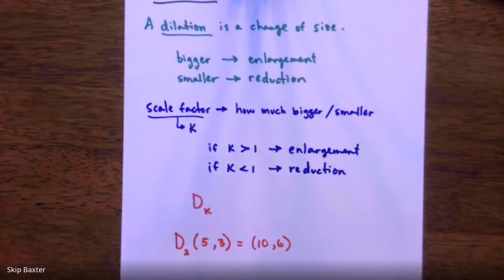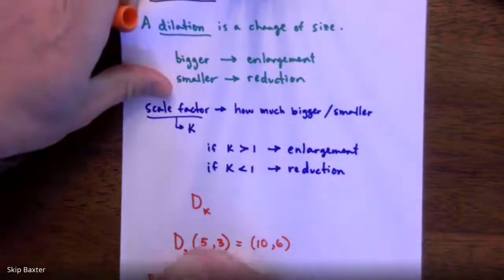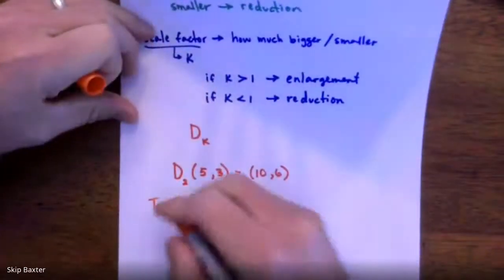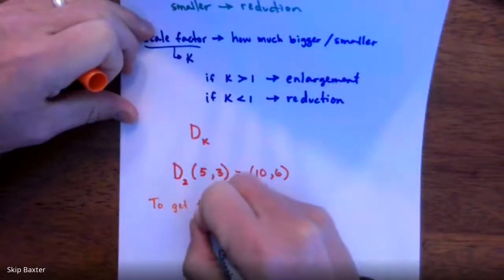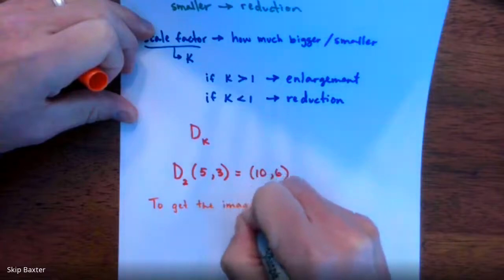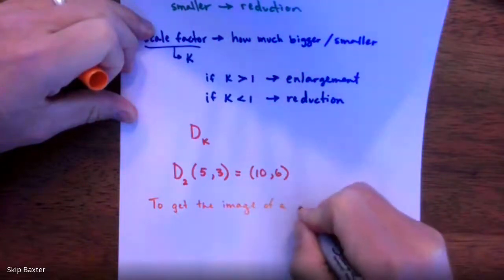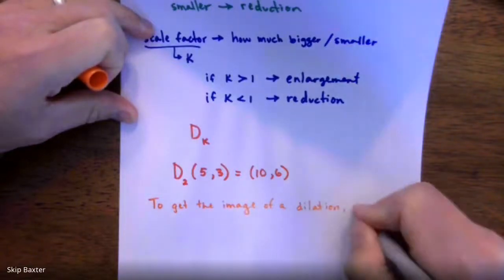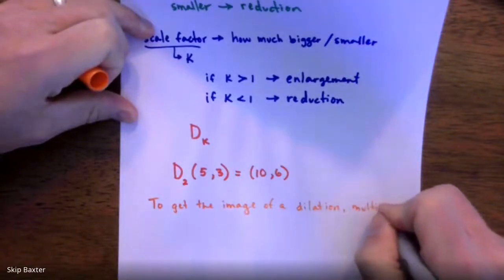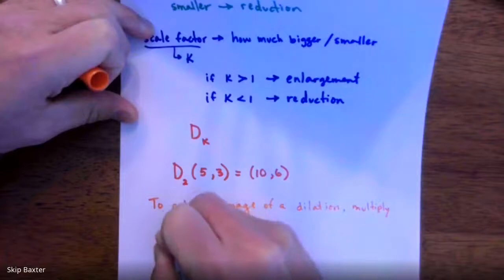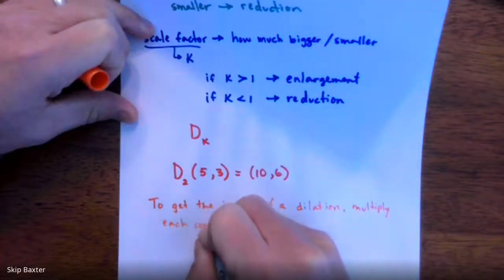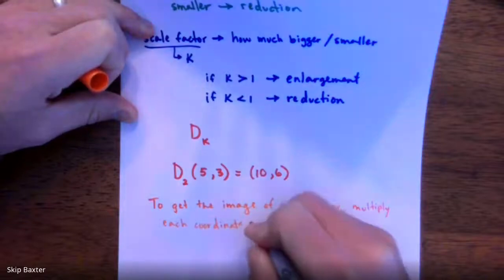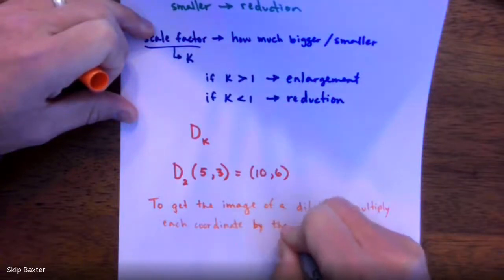Okay, so to get the image of a dilation, you just multiply each coordinate by the scale factor.